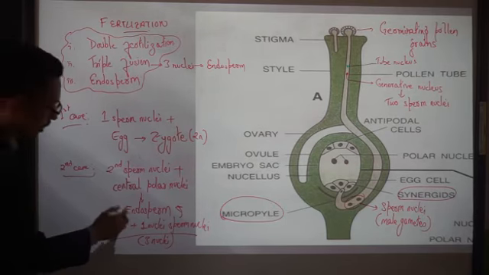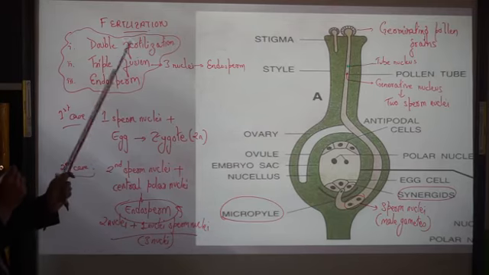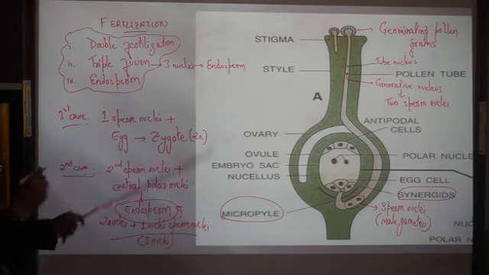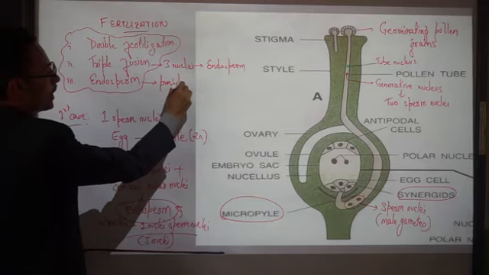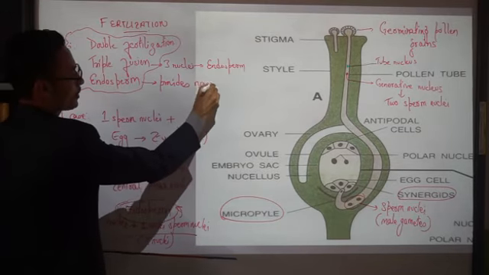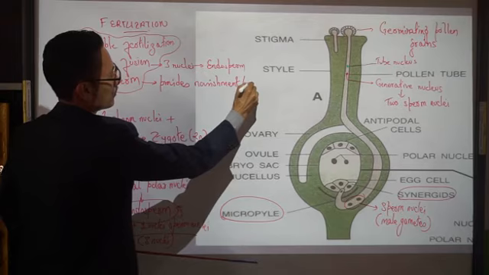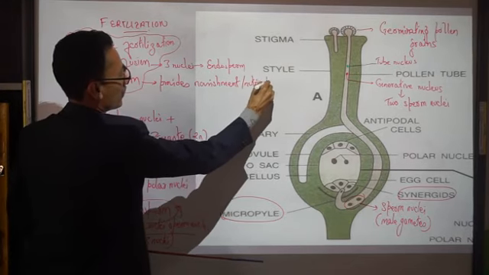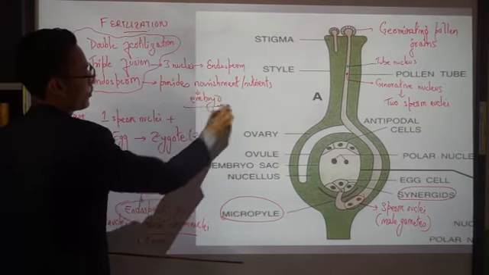Now what is the function of this endosperm, which is formed by the process of triple fusion? This endosperm provides nourishment, or we can say nutrients, to the developing embryo.